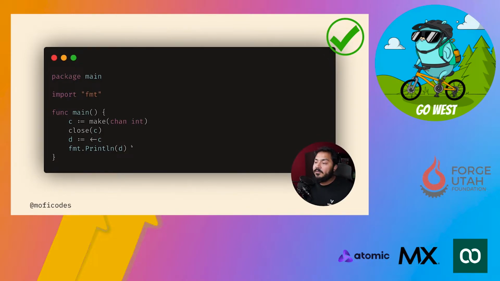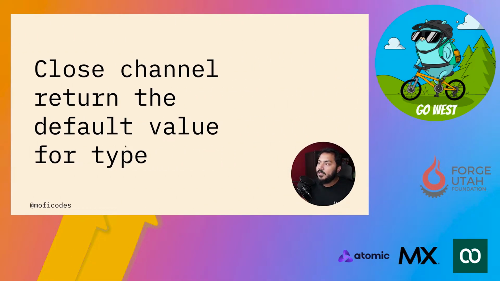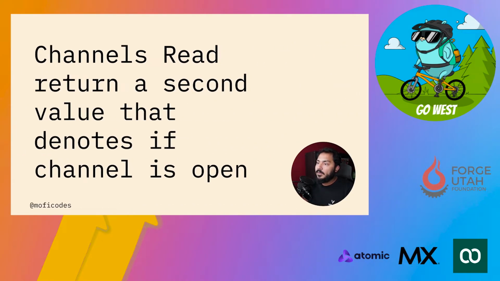So what if you have a regular channel where you are sending 0? If you're sending 0 and you print 0, you don't really know whether the channel is open or closed. To get rid of that confusion, because a closed channel always returns the default value for the type, it also returns a second value that denotes whether the channel is open or not.